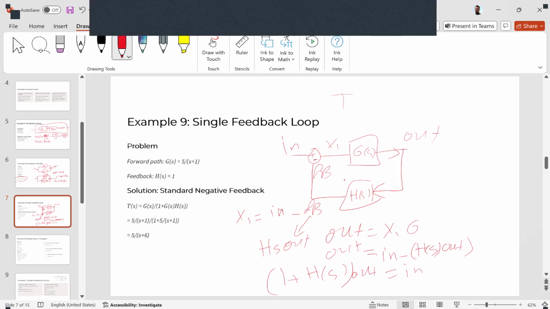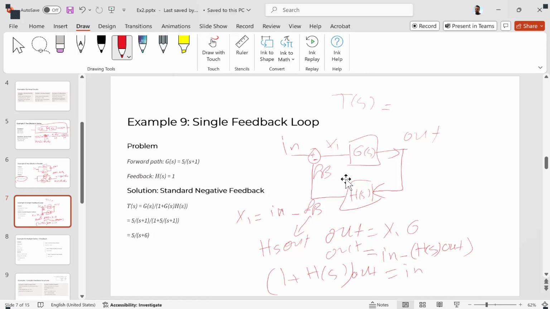Let's call it T of S. What would be the ultimate transfer function? One thing is missing here. I missed something here. Let me see what it is.